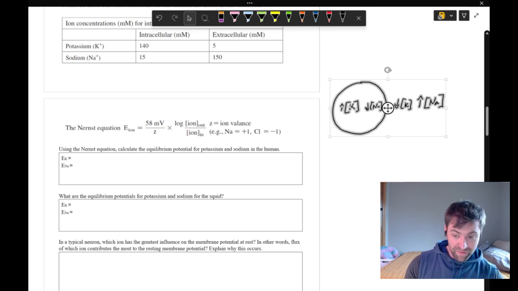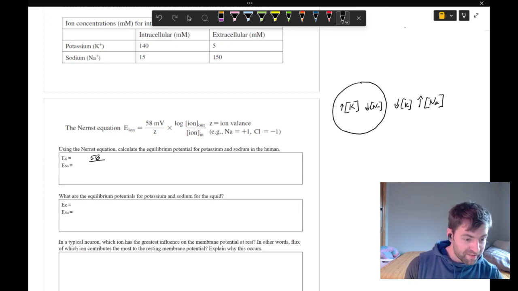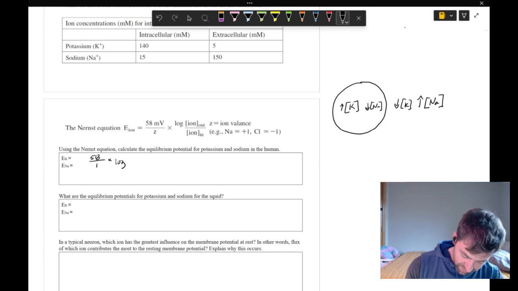All right, we're going to run right through this. So for potassium, 58 millivolts over Z, where Z is our ion valence. Sodium and potassium each have a valence of 1, times log.